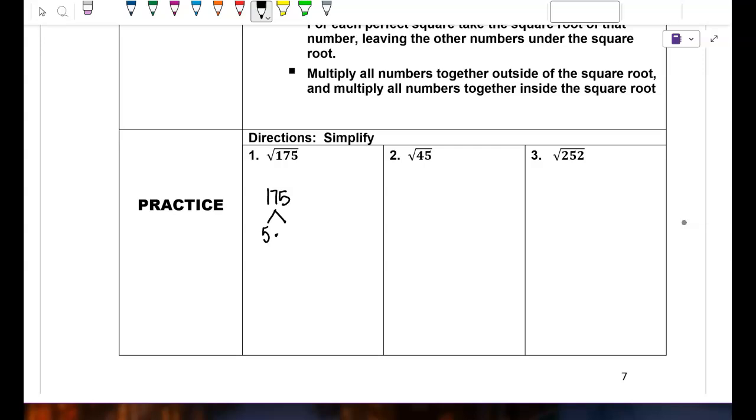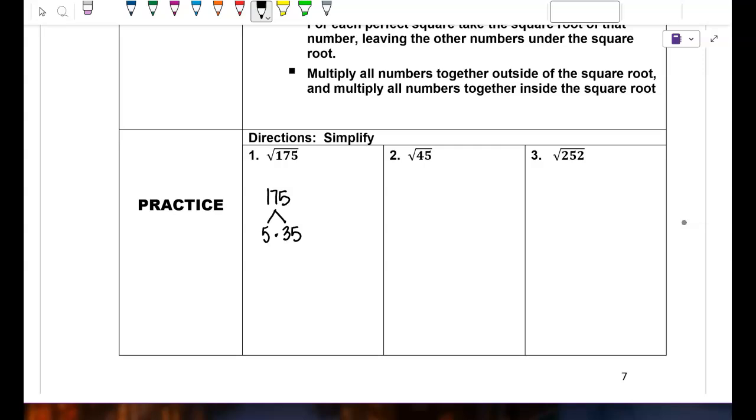So Renessa, what do I have to multiply times 5 to get 175? And I can find that by dividing. What is 175 divided by 5? 35. So I can do 5 times 35. 5 is a prime number, so I know I cannot break it down any further.